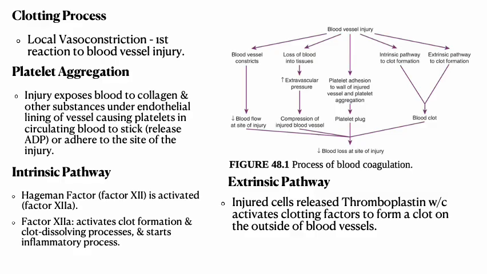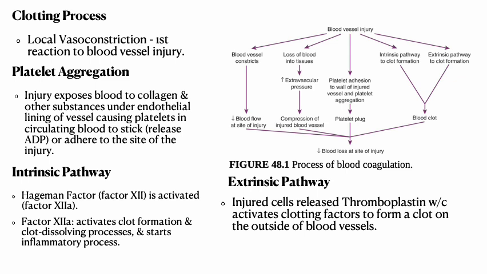As mentioned previously, people injure their blood vessels sometime in life. The blood vessel injury will cause constriction of blood vessels, loss of blood into the tissues, and clot formation by the intrinsic and extrinsic pathways. So during the clotting process, there is local vasoconstriction, which is the first reaction to blood vessel injury.